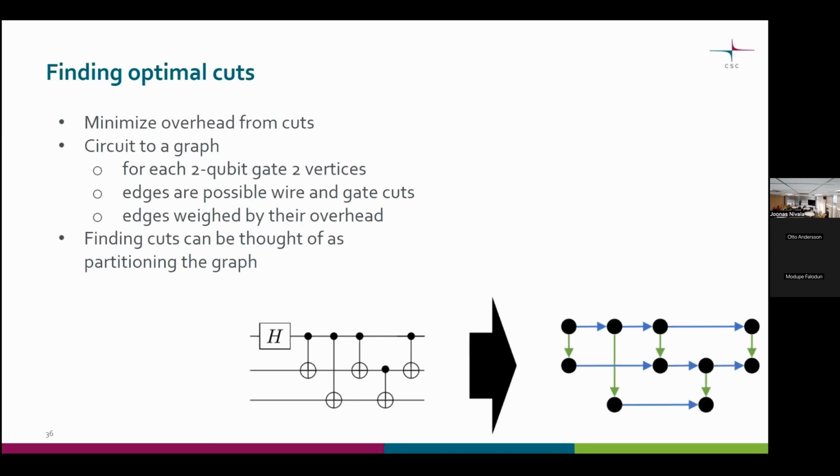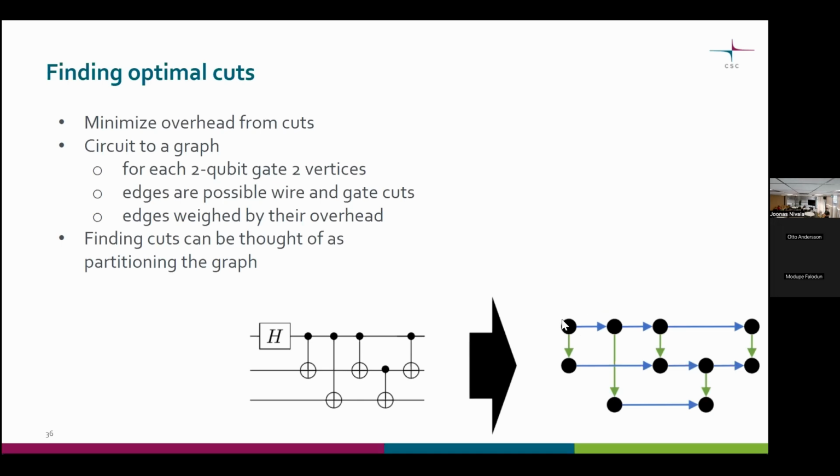Of course, what you want to do is minimize the overhead from the cuts. And how you can do this is you can transform your circuit into a graph. There's a picture of this here. For circuit knitting, the single-qubit operations don't matter. You can just drop them out completely. Then you can make this graph where you have two kinds of edges. You have the green edges here, which are possible gate cuts, and then you have the blue edges, which are possible wire cuts.